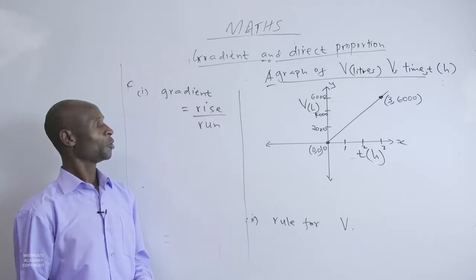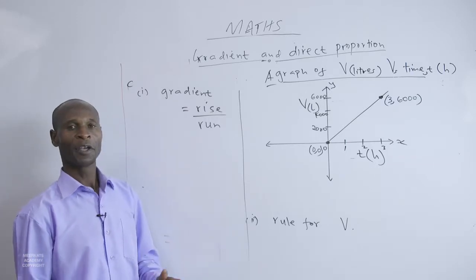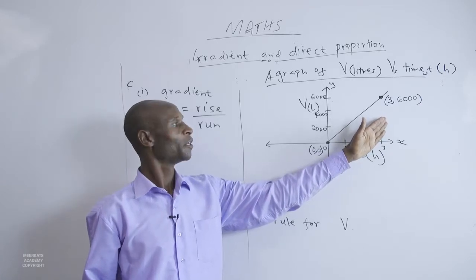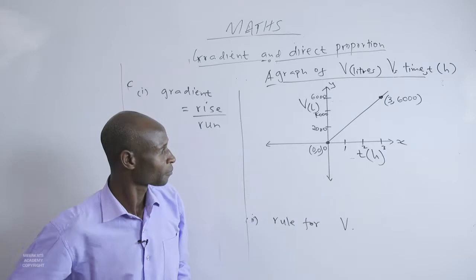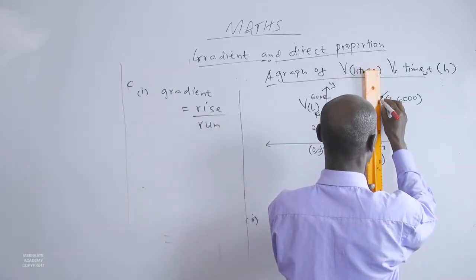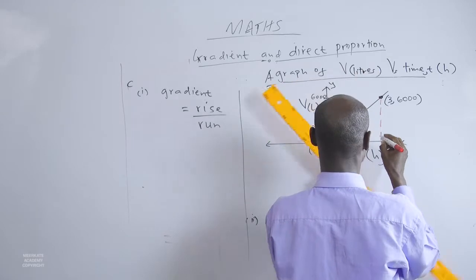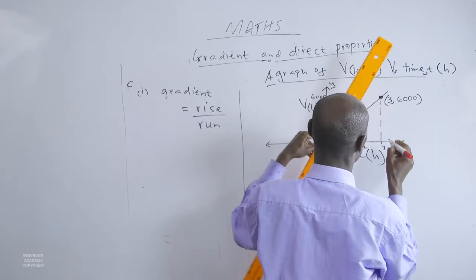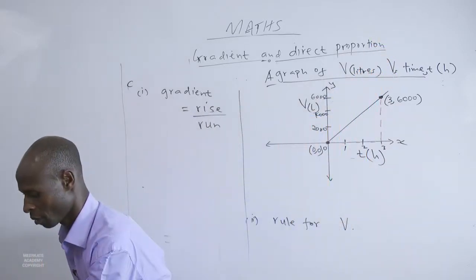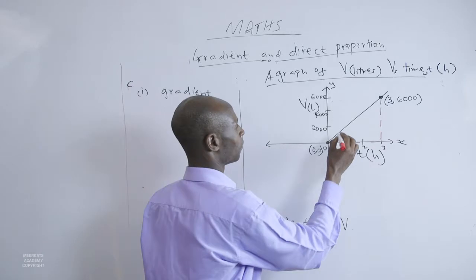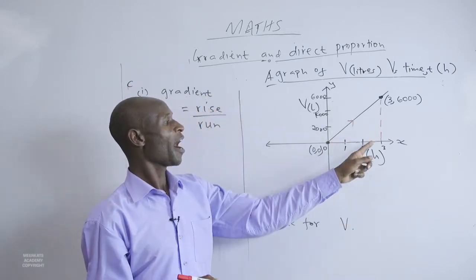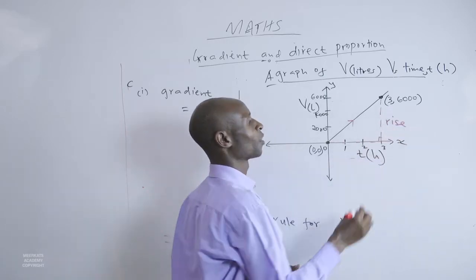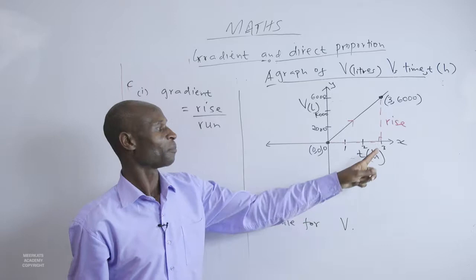So to find the gradient successfully, we need to create a right-angled triangle using the 2 points. So we are having a right-angled triangle. What is the rise here?